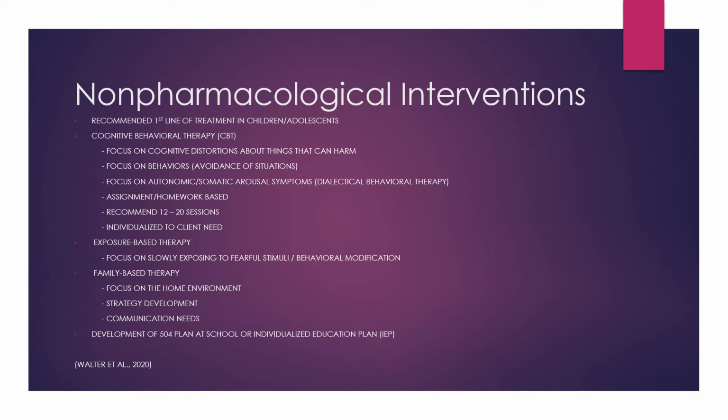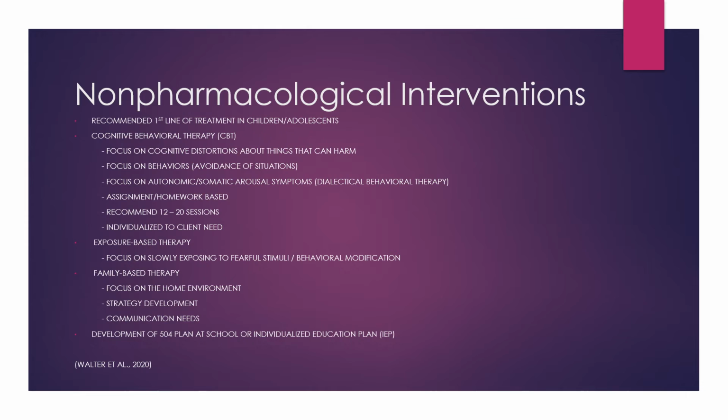Another focus is going to be on behaviors. An adolescent or a child may develop avoidance symptoms to where they just will not encounter what they fear will harm them. So CBT is really good at making some behavioral modification suggestions for that.